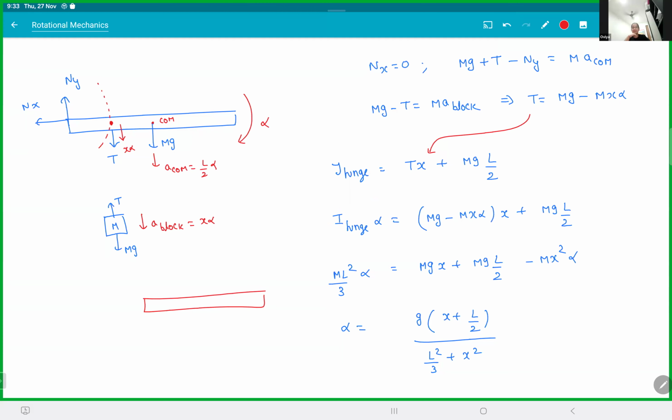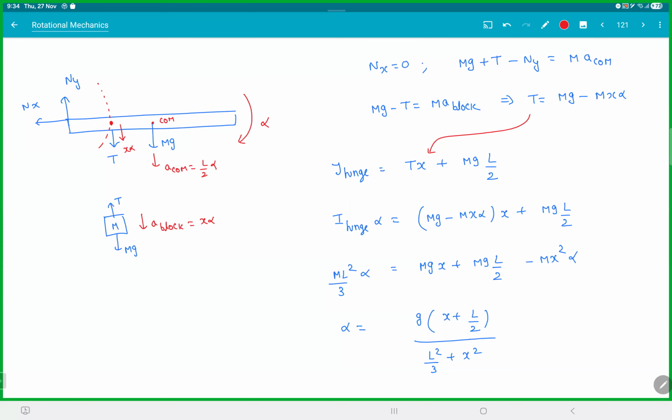Got it? You did two mistakes. One, you took T is mg. Second, you included the block in the moment of inertia. So what you did was you took the block and attached it to the rod here. So it worked out. As long as the string is tight, what you did was right. Clear with that? Other steps clear, everyone?